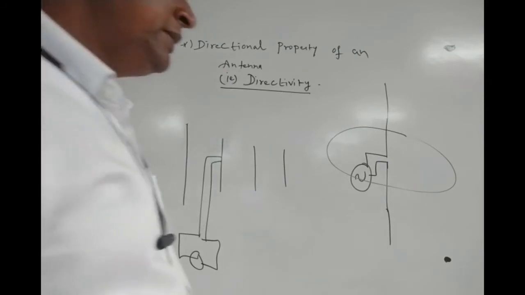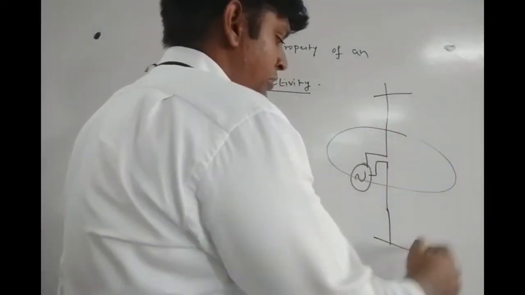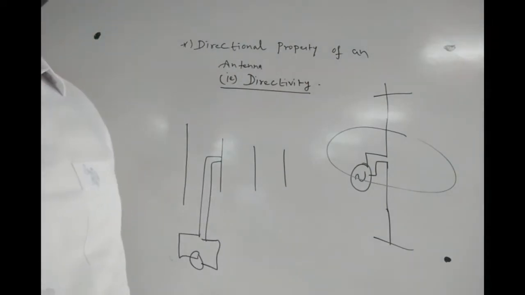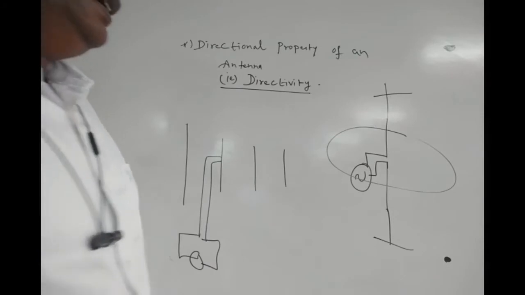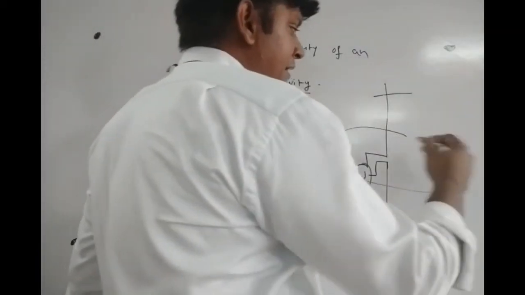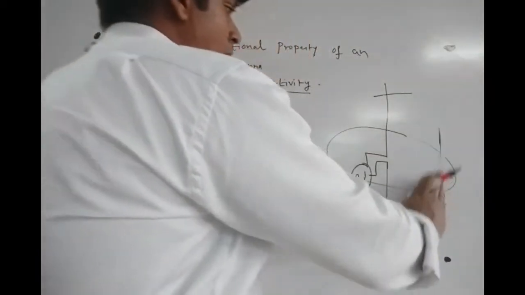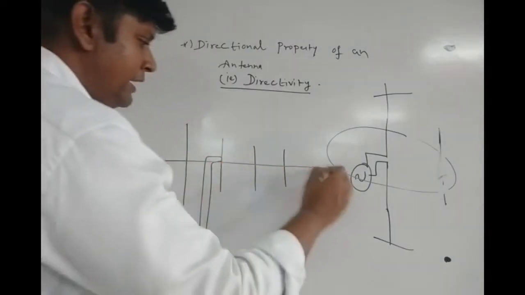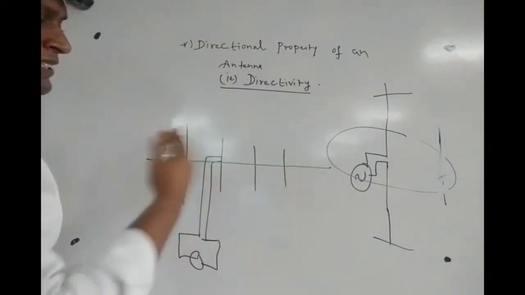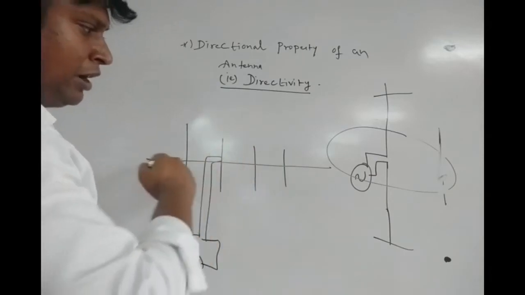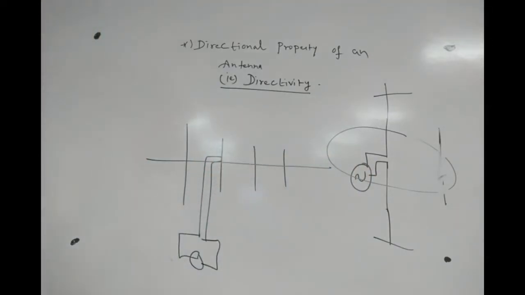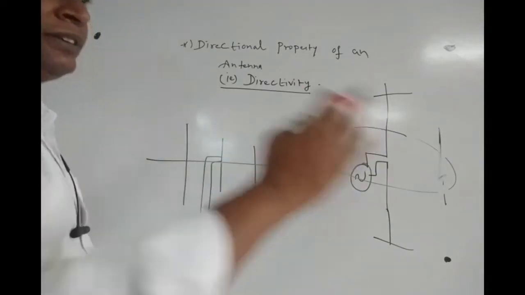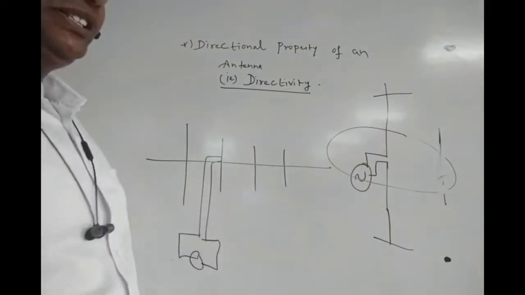So in order to overcome that, we need to stop at lambda or 1.5 lambda. Other than that, instead of increasing this length, we can increase this length, by stacking more elements horizontally. This won't affect the radiation, and by doing this we make the radiation directional.